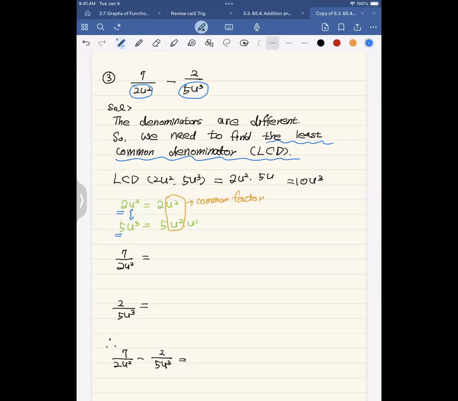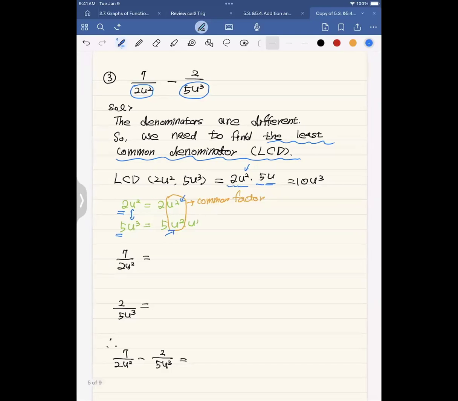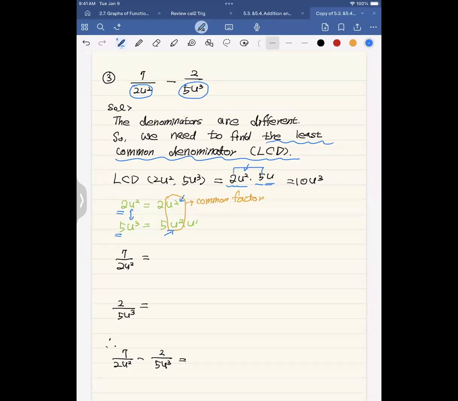So the least common denominator will be 2 times u squared times 5 times, skip this u squared because that happens in both, and we already wrote it here. So you just write down u here. 2 times 5 will make 10, and u squared times u will make u cubed.